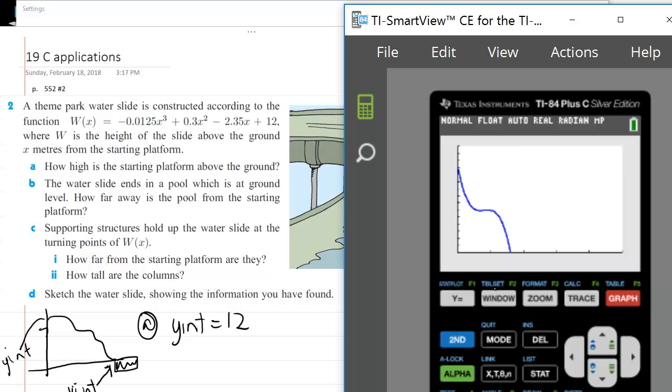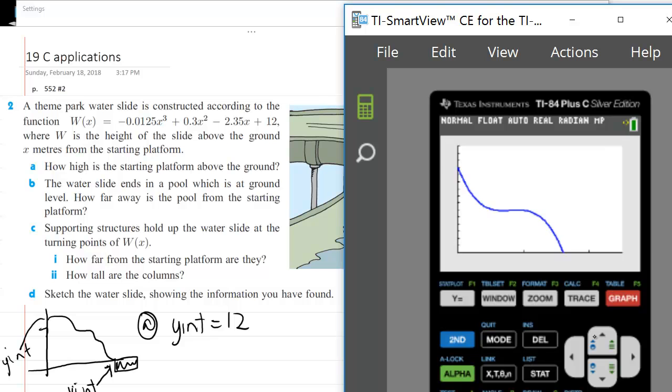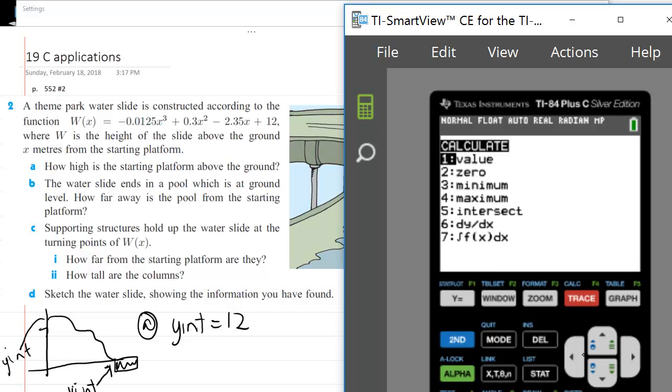So if you want to smooth it out a little bit or make it look smaller, you can change your window again to maybe 25, but that's just up to you. You've got to get it somewhere that you're comfortable. And now we're finding the x-intercept. So the x-intercept is down here, so second trace, and we're looking for the 0, where the graph crosses the x-axis, which means that y would be equal to 0.